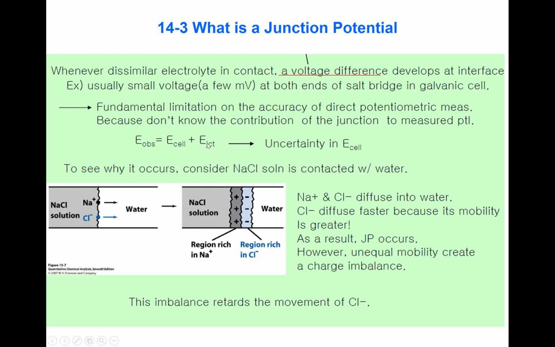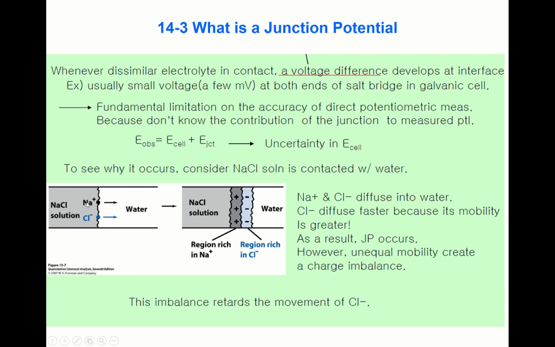But now, this book describes the observed cell potential as the sum of the cell potential and the junction potential. Okay. So now let's see why junction potential occurs. Let's consider this sodium chloride solution in contact with water here.